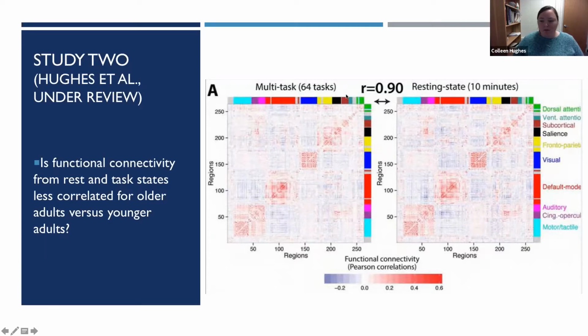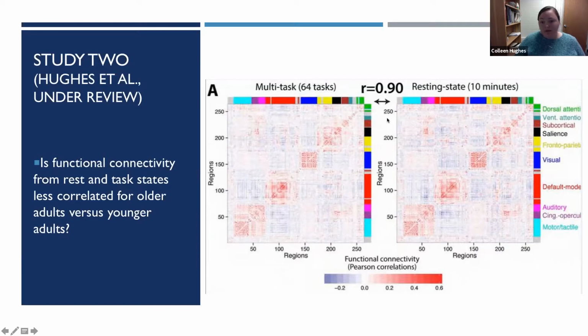So Michael Cole's group has a paper from 2014 where they determined based on HCP data as well as data from in-house that rest and task are highly correlated, the connectivity. So they're very similar, like eyeballing this plot, it makes sense that there's a correlation of 0.9 between them.